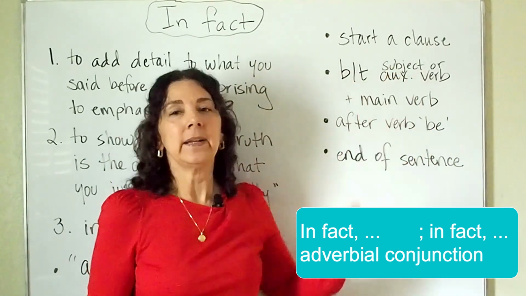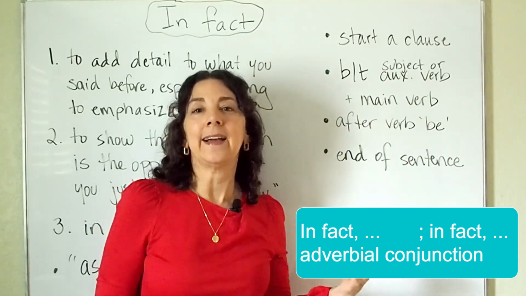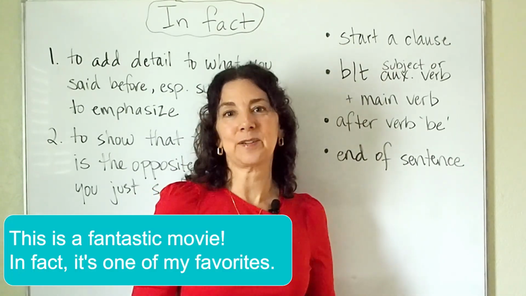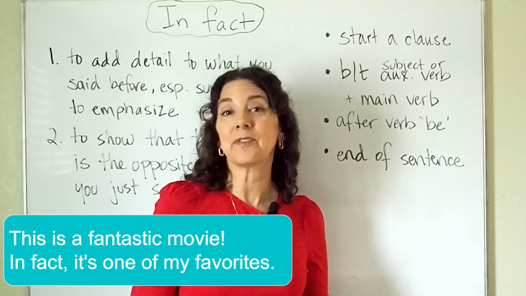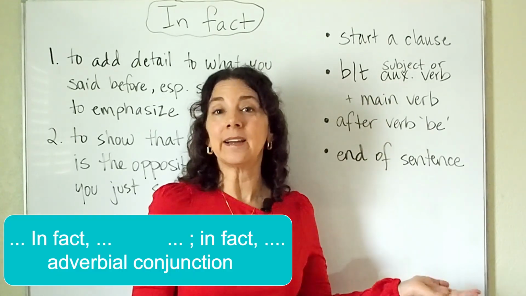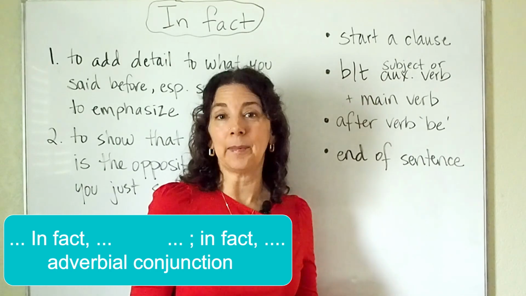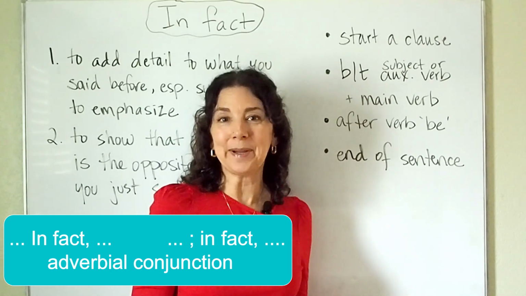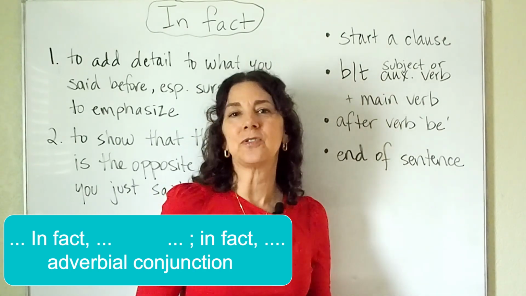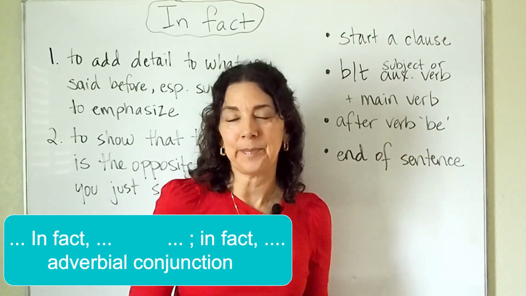When we do that, we put "in fact" and a comma. For example, this is a fantastic movie. In fact, it's one of my favorites. Now we can put "in fact" at the beginning of the sentence, followed by a comma, or we can use a semicolon, "in fact," and a comma, just like we do with "however" or "therefore."